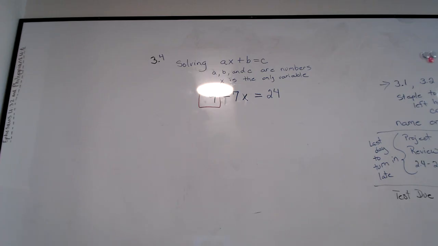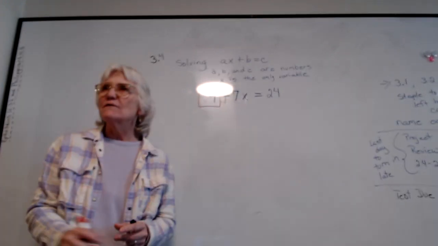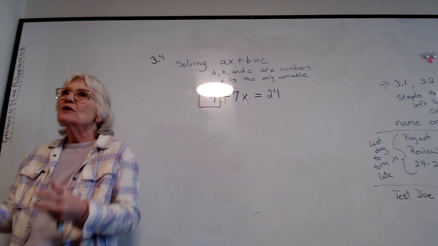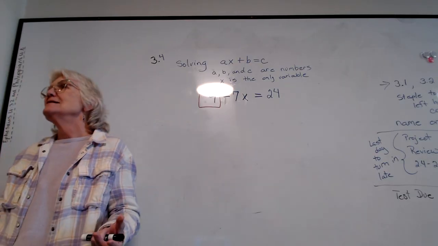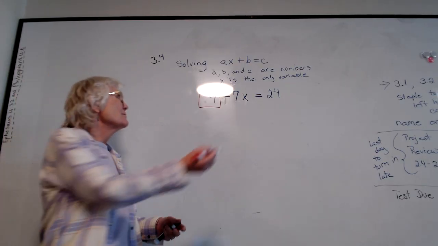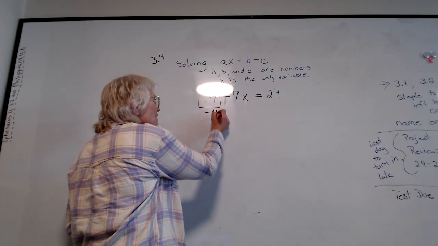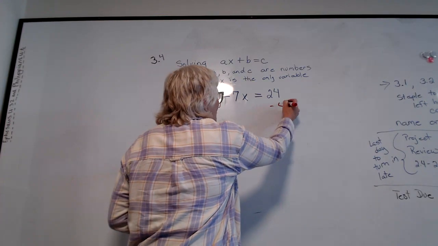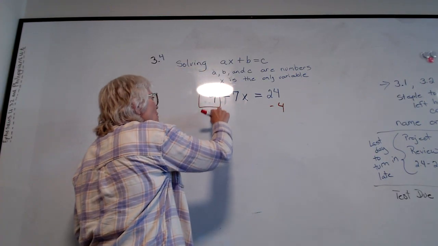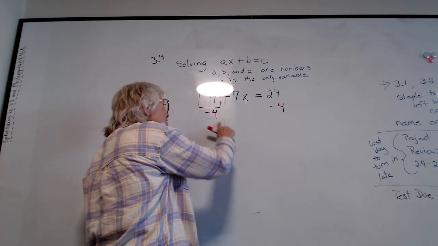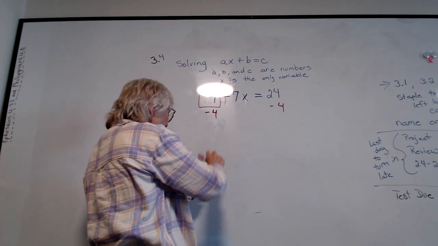It's always given in front of it. Okay? So this is a positive 4. To get that to 0, our first goal is to make that 0. Get rid of 4, so it's 0. So I'm going to subtract 4 here, and I'm going to subtract 4 here. Because 4 minus 4 is 0. I made that into a 0.